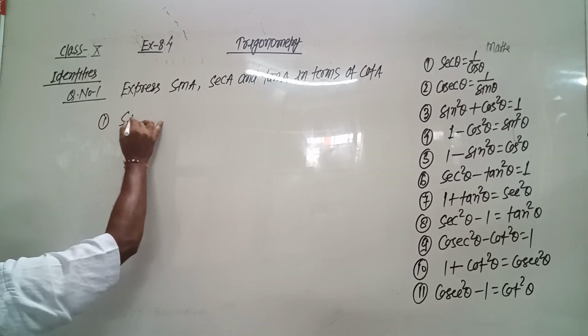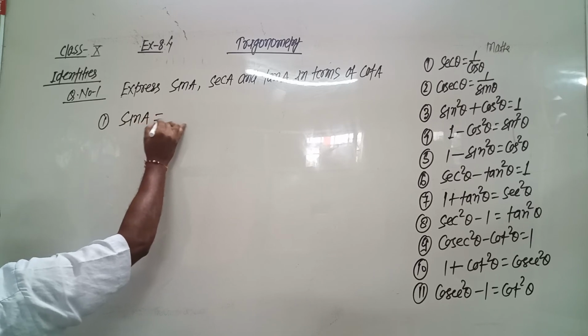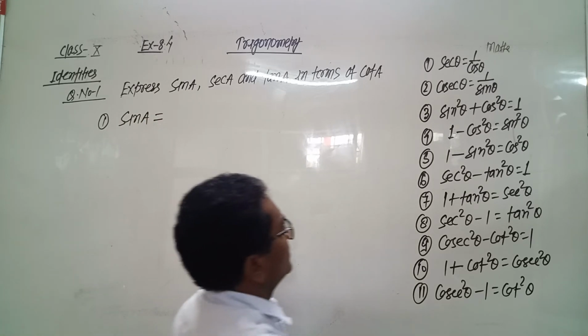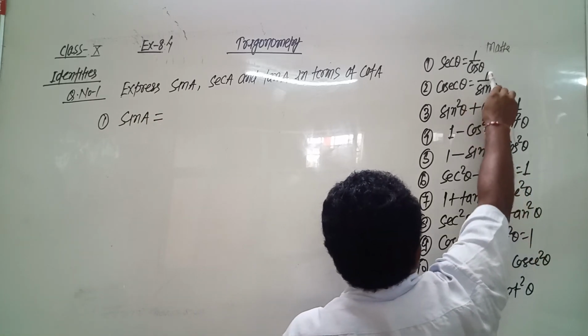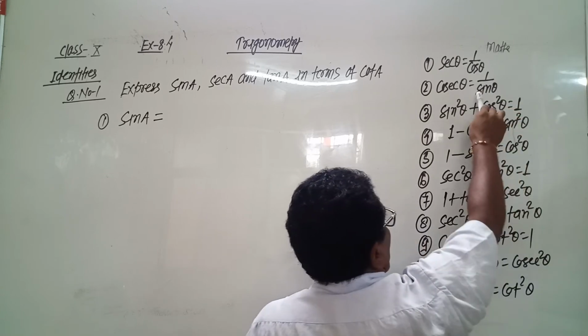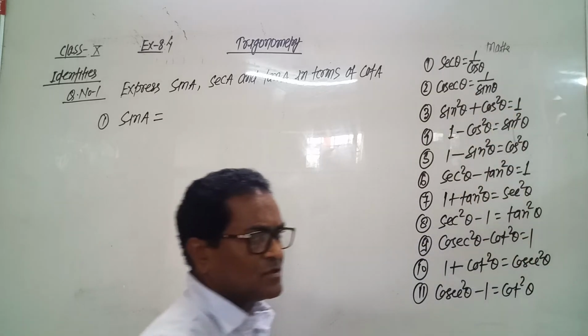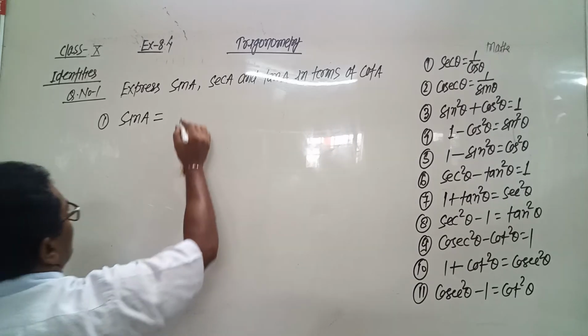So sin A: cosec theta equals to 1 by sin theta. Then sin theta becomes 1 by cosec theta.